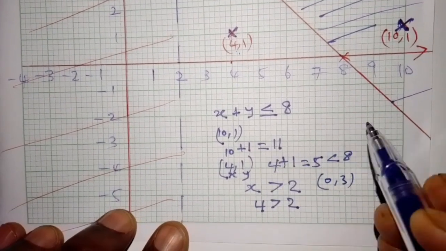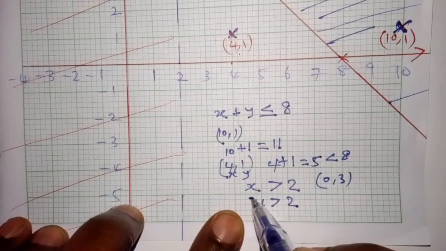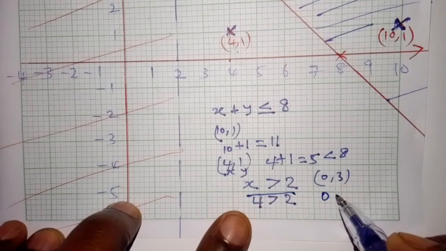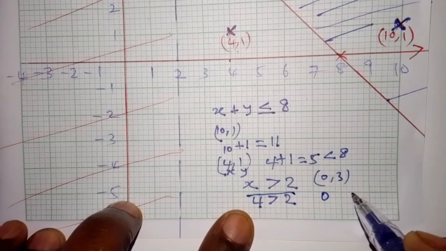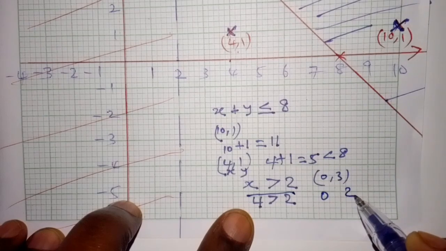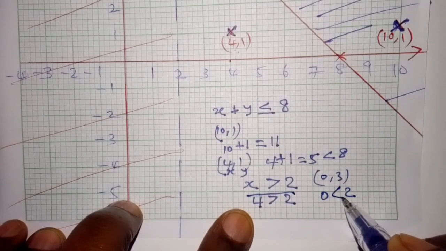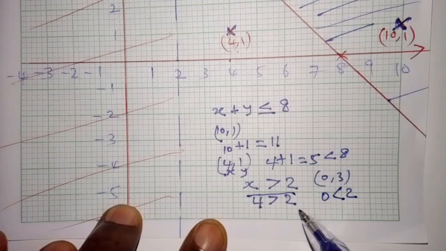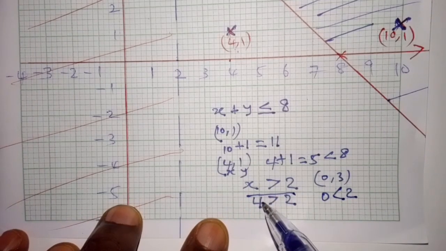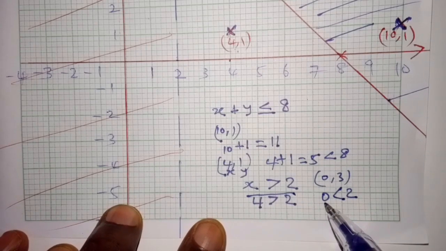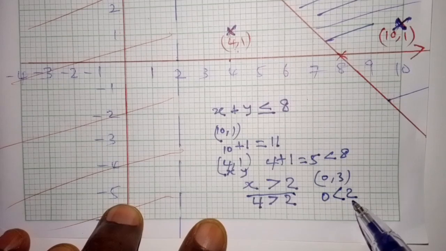When x is 0 and we are using this inequality, we compare 0 to 2. 0 is not greater than 2, but 0 is less than 2.